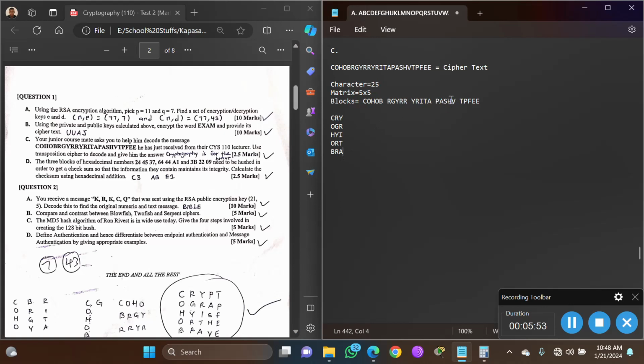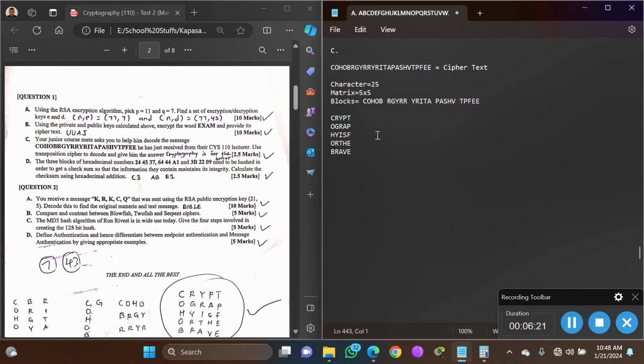Now we go to the fourth one. As you can see, it has P, then A, S, H, V. The last one has T, then P, F, and a double E at the end, which is E and E. So we are done.